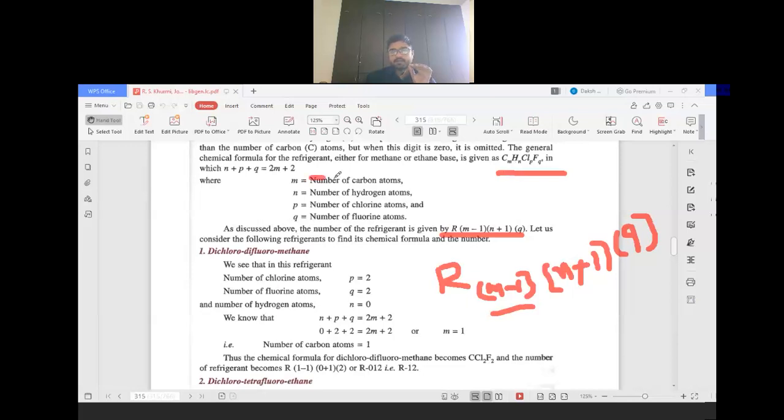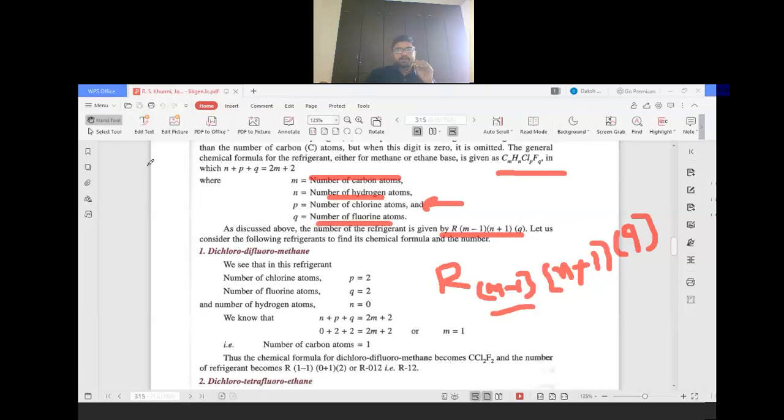N means the number of hydrogen atoms, P means the number of chlorine atoms, and Q means the number of fluorine atoms. Then you put the value of M here, and the values of N and Q here. This is how you can identify the number of a refrigerant.